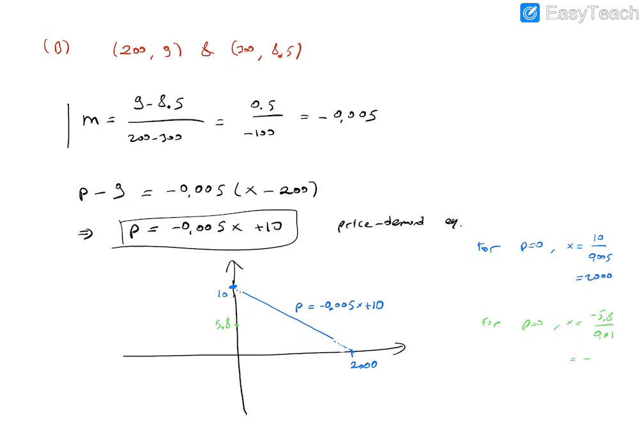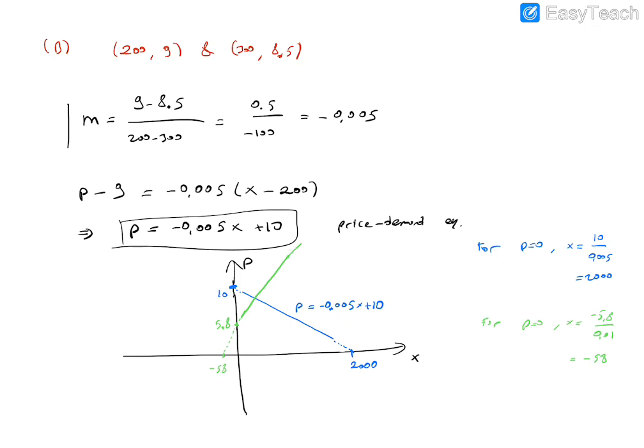So this is minus 580, somewhere here. X cannot be negative. Actually, this is the x-axis. This is the price axis. So our graph is like this one. I don't show this part. So this is our graph. So it's increasing.